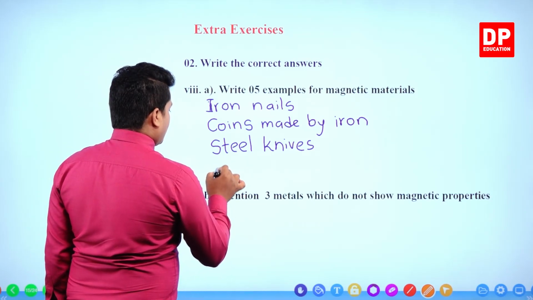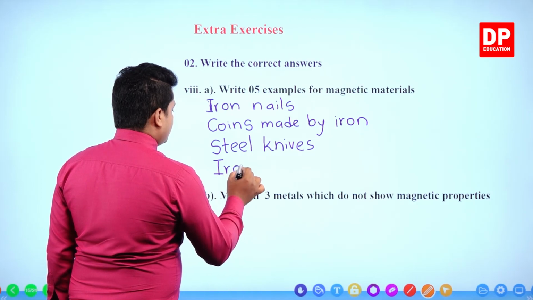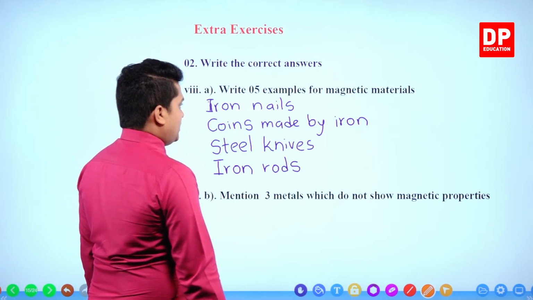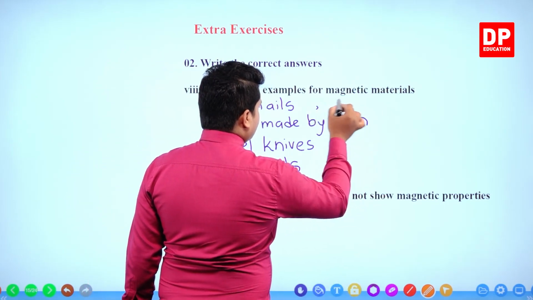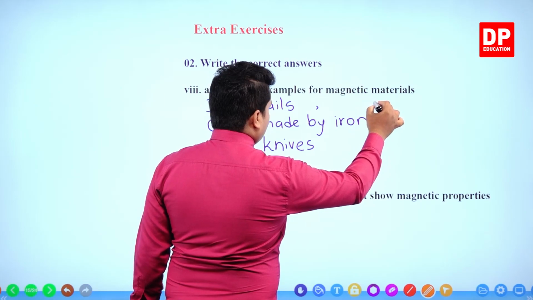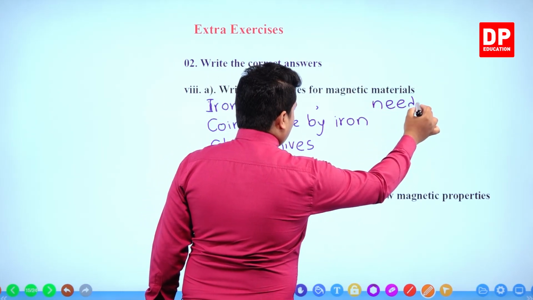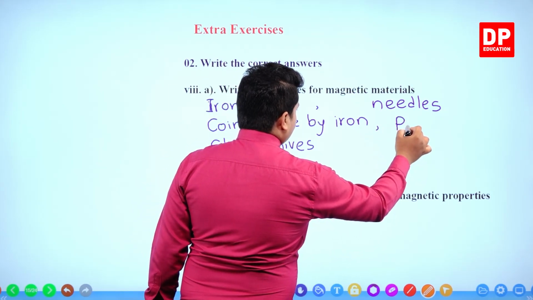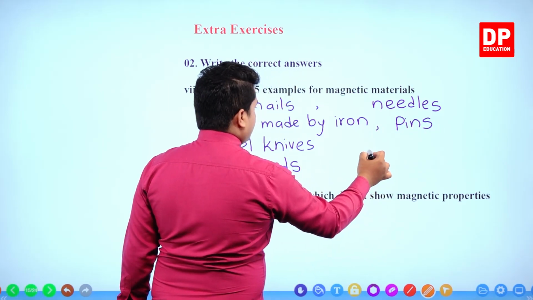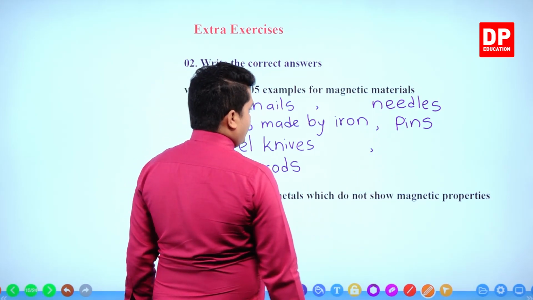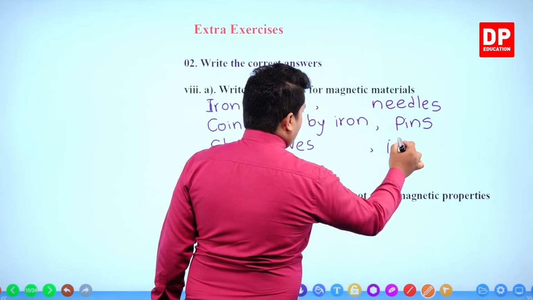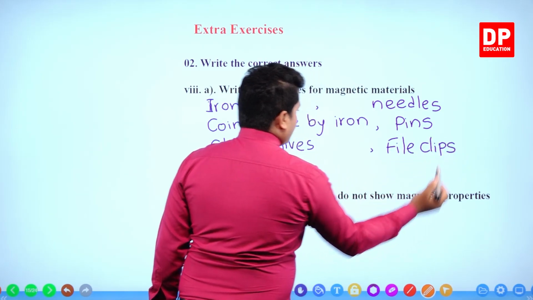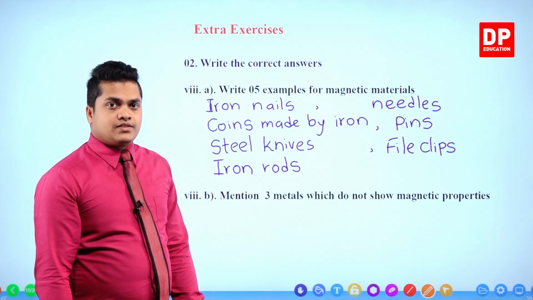Then iron rods. Needles. I'll put a comma and write in here needles. Then pins. Then we can write file clips. So these are some magnetic materials.